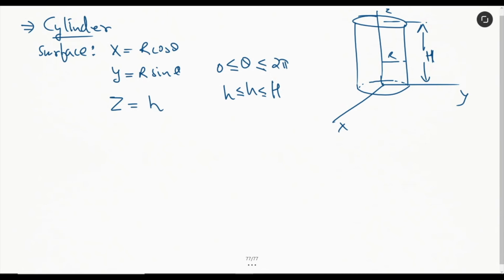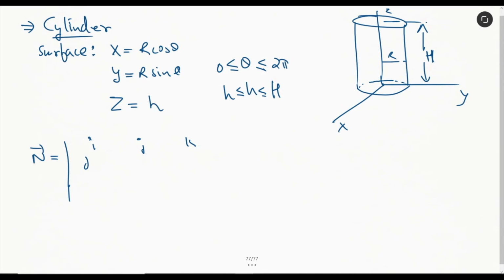Now for this case, if you try to find the normal vector, I component, j component and k component. So let's say, what are the parameters here? Theta is varying and h is also varying.